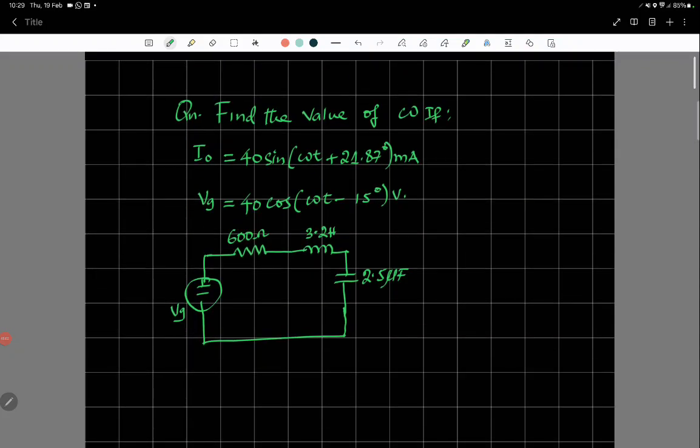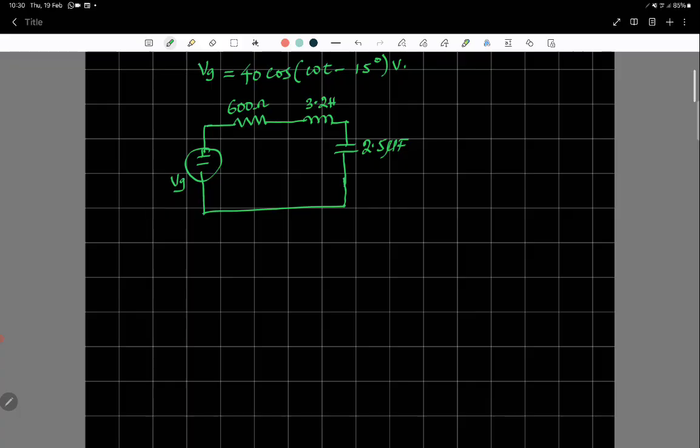So let us look at this AC circuit problem as we are seeing it here. This is all about the AC circuit problem. What we are being asked is to find the angular frequency. Solution.